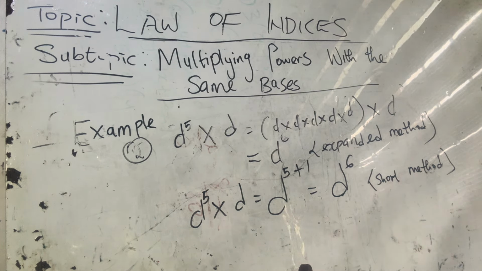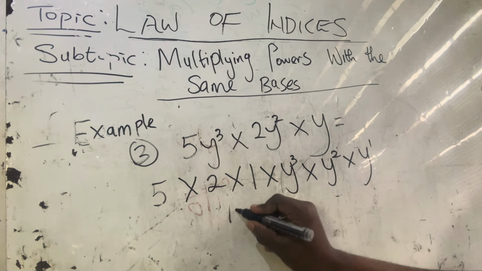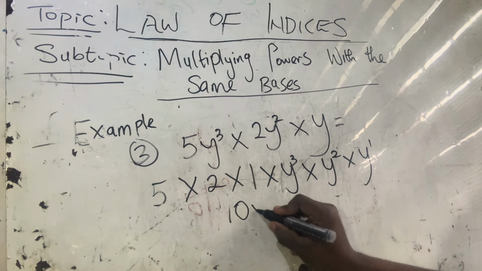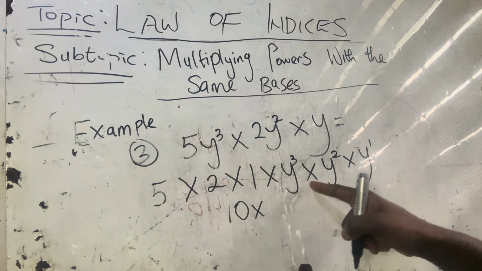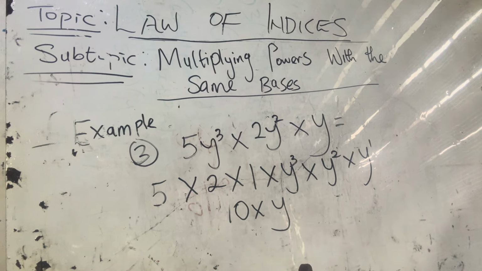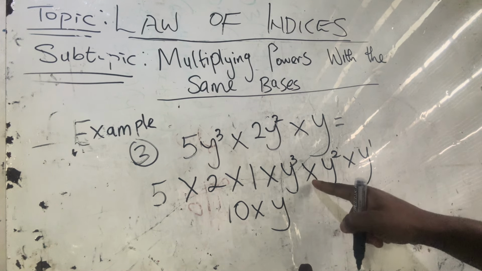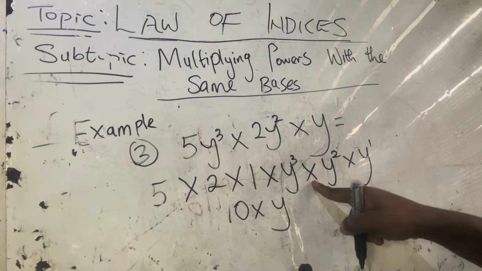So now, having done that, we're going to multiply the numbers together. 5 times 2 times 1 gives us what? Can you tell me the answer? 5 times 2 is 10. 10 times 1 will give us 10. Multiplied by, I'm going to write out the base. The base here is y. Don't forget, multiplication sign means addition under law of indices.